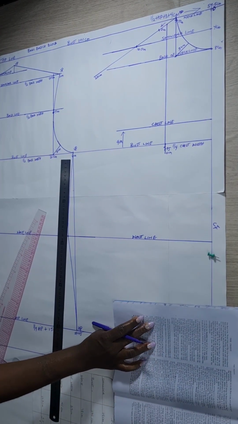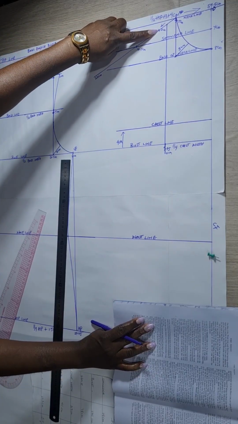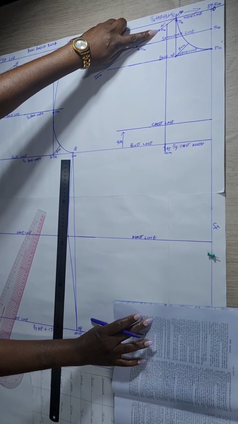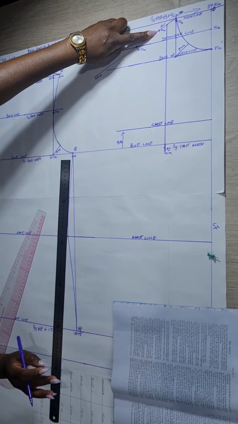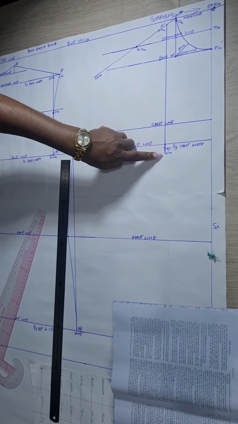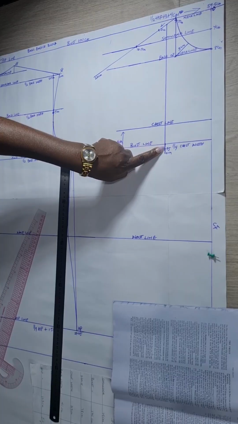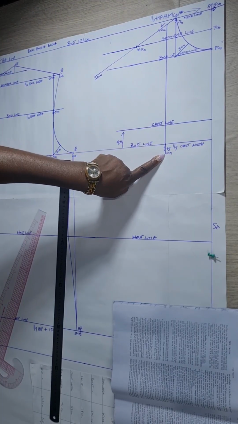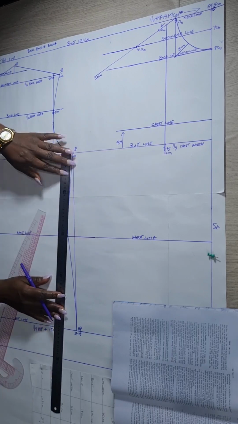From this last point, rule the inner line of the shoulder dart down to 2 centimeters below the bust line. From this point, connect to this point. You know, you came down here by 2 centimeters. So from this point, connect to this 2 centimeters below the bust line.